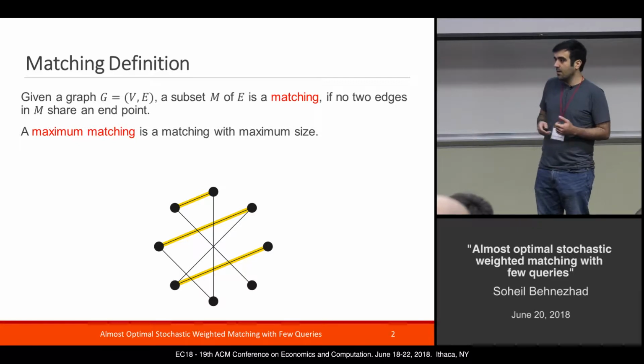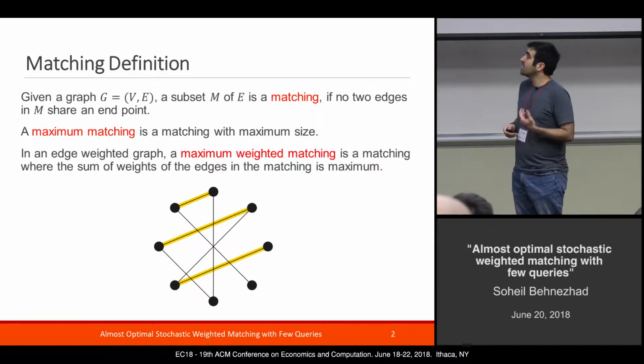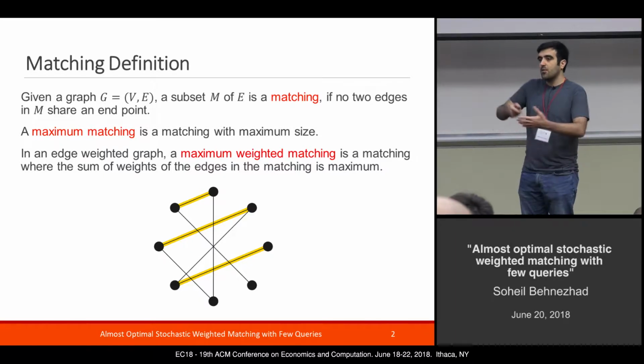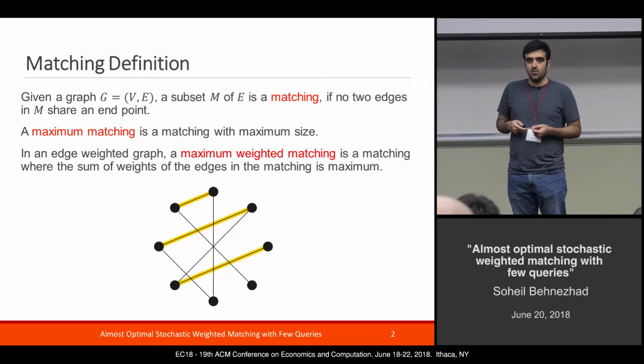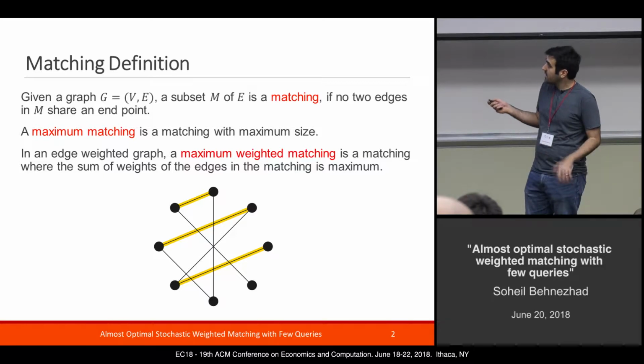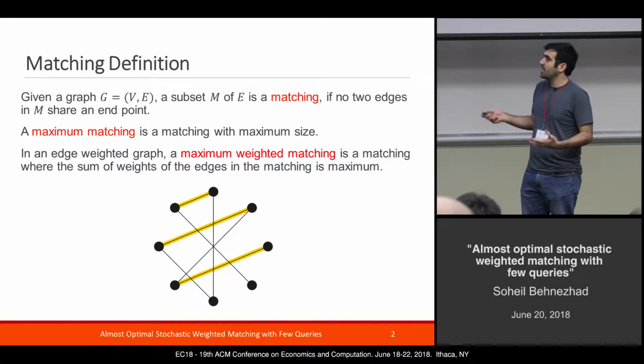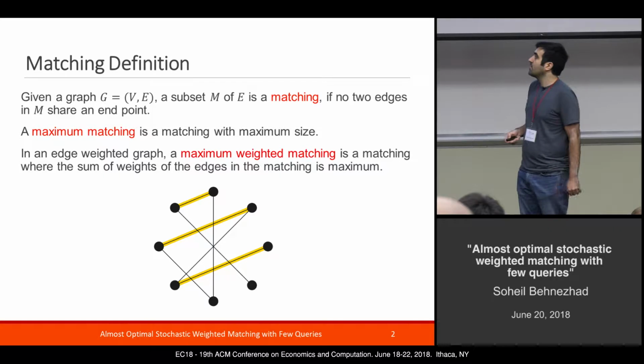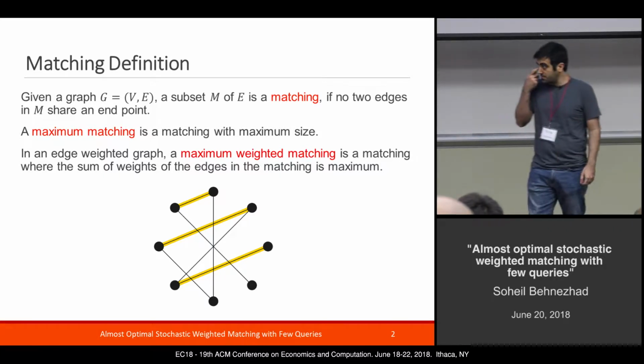The natural generalization of matching to edge-weighted graphs is to consider the sum of the weights written on the edges, right? So in an edge-weighted graph, a maximum weighted matching is a matching where the sum of the weights of the edges in the matching is maximum.